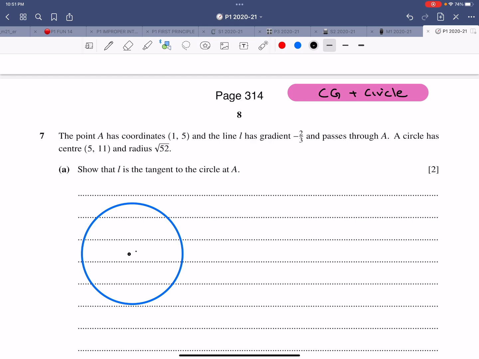Let me label this as C. Therefore (1, 5) would be something like this. X coordinate is 1 and then 5, my bad. So (1, 5) would be somewhere over here. Let me label this as A, and let me draw a line tangent like this. Okay, so got the idea?